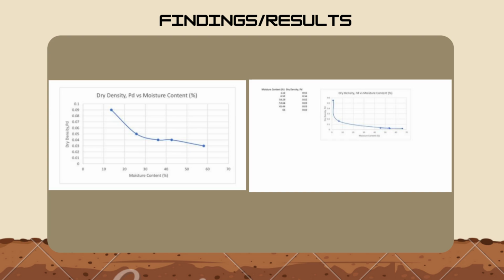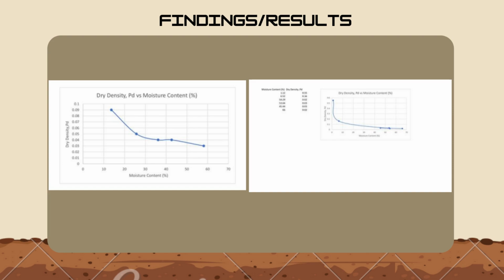Now, when we look at the soil treated with rice bran, the compaction curve shifts significantly. The maximum dry density drops to around 0.09 megagram per cubic meter, which occurs at a moisture content of roughly 13.6%.